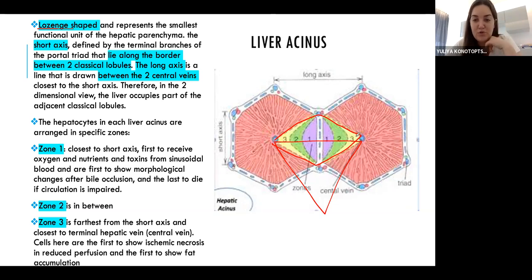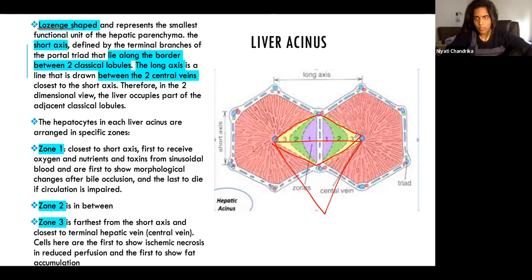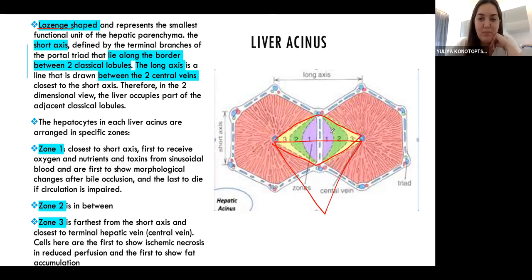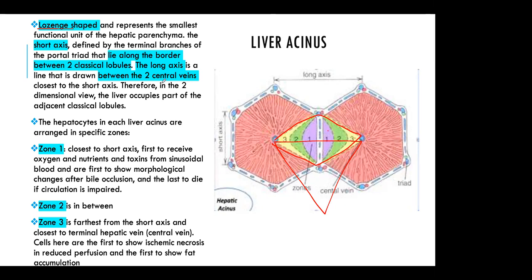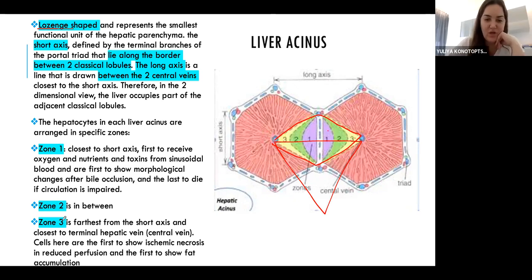Which zone is closest to the central vein? 3. Which zone is closest to the portal triad? 1. So now we have to talk about these 3 different zones. Tell me, which zone is the first one to receive nutrients?